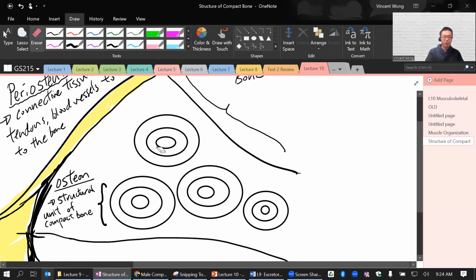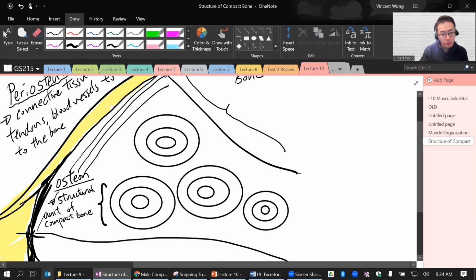You might have another one here and another one here. I don't want to make the diagram too busy. As you go out to the edge, eventually they're just going to become lines, kind of like tree rings. But then here, you might have another one, and so on and so forth.